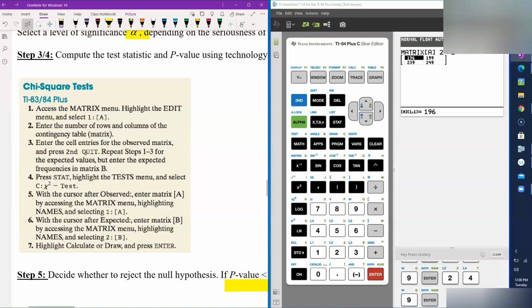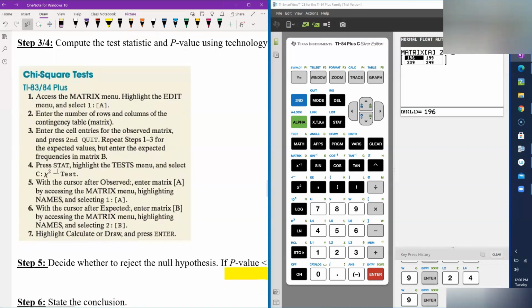Okay. Enter the cell entries for the observed matrix. We already did that part. And press second, quit. Repeat steps 1, 2, 3 for expected values. Okay, I'm not going to do that part, but enter the expected frequencies in matrix B. We don't need that one. I'll explain why. Then step 4, press stat, highlight test menu and select chi-square.